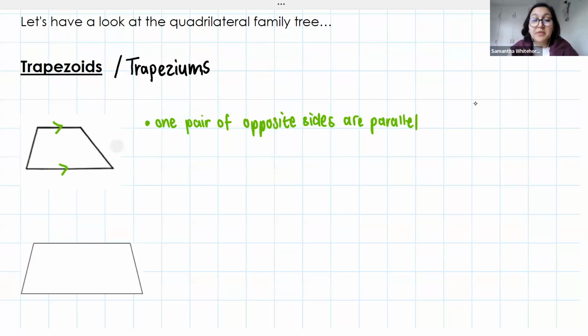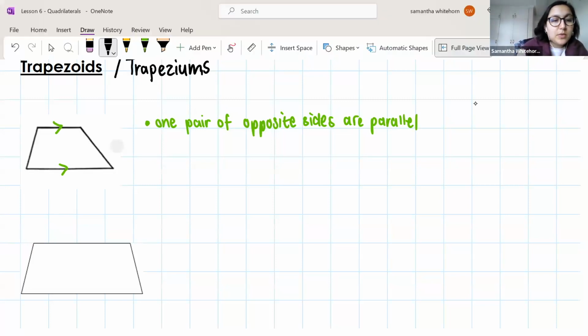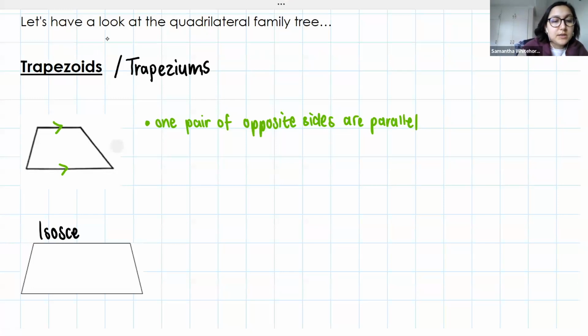Some trapeziums have no equal angles in them, as some of you have said. But what I do want you to take note of is that we do get what we call isosceles trapeziums.